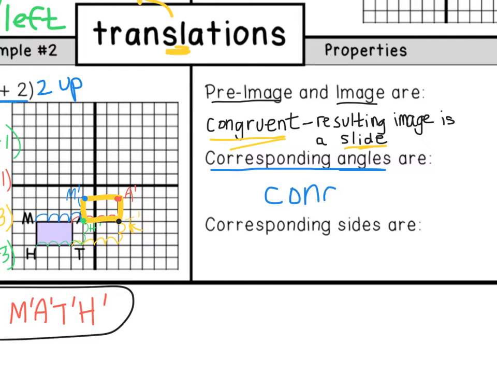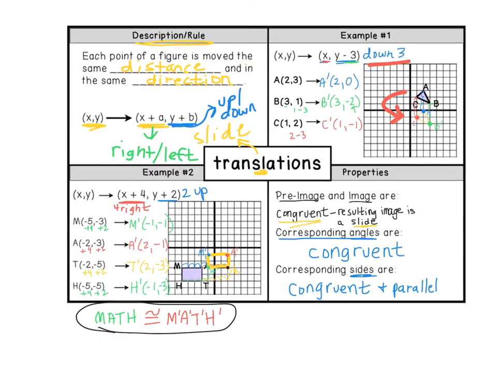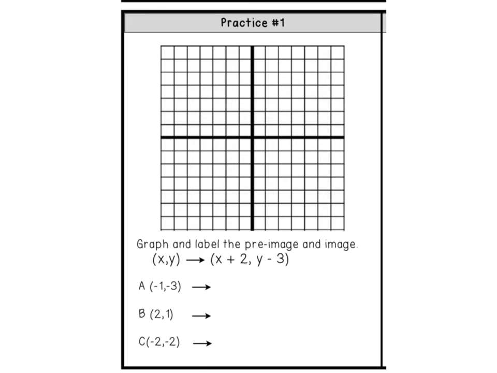They are congruent, which is just a fancy way of saying exactly the same or a twin. And the corresponding sides are also congruent, so they're the same length and they're parallel. Okay, so make sure you have all of that work shown for this part, and then we'll move on.